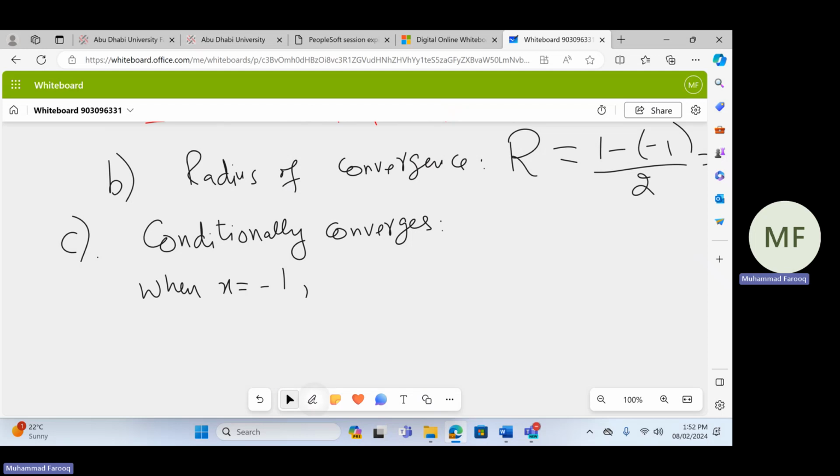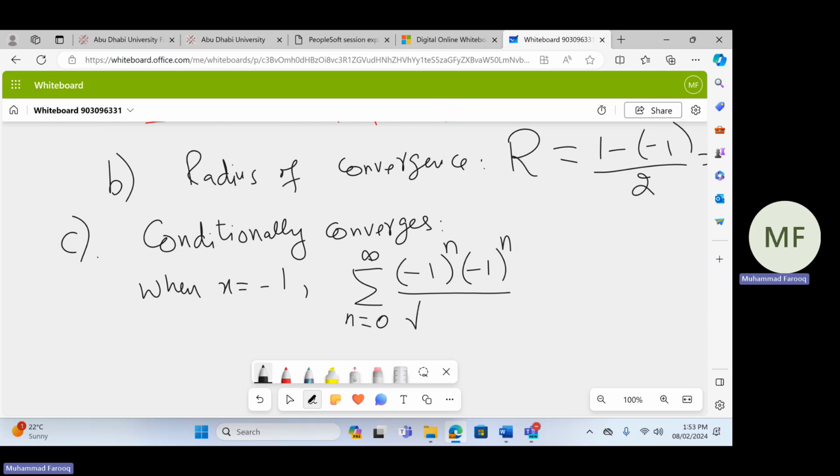If you look at the question, it is basically sigma n equals 0 to infinity, (-1) raised to power n, times X to the power n, where X is negative one, the power n, divided by the square root of n plus 1, then X to the power n plus 1, and here n plus 3. Okay, the first time we go with absolute value. First of all, we go with absolute value.